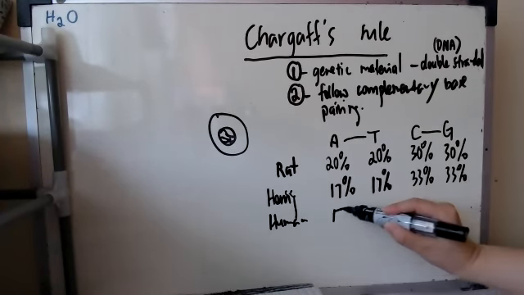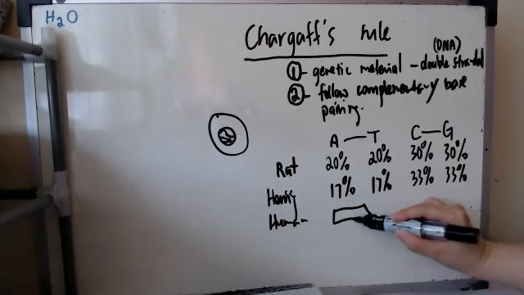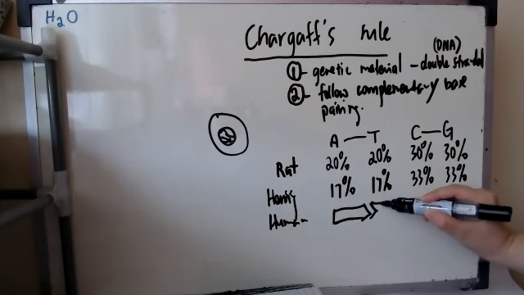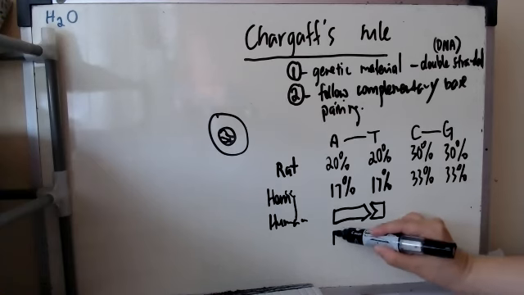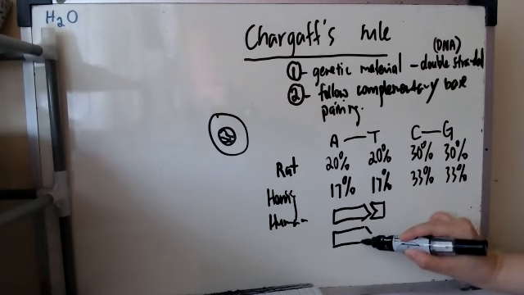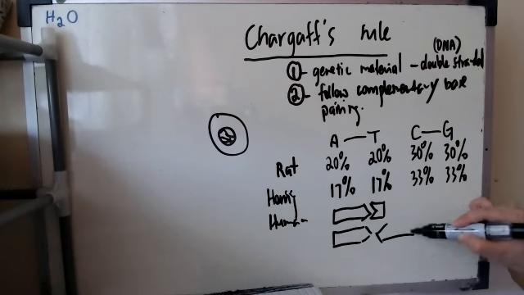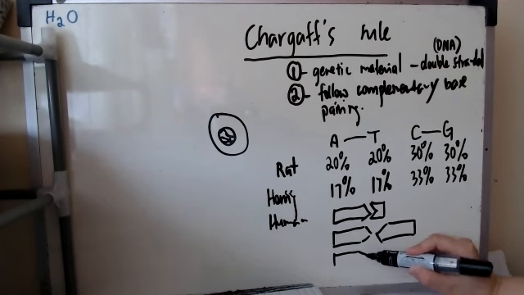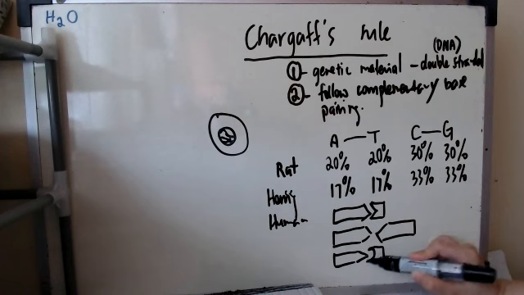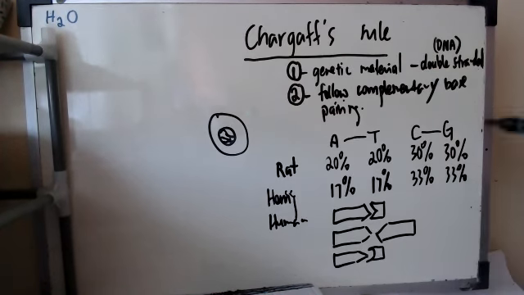A that looks like this can only pair up with T. A, which looks like this, cannot pair up with A. A also cannot pair up with C. Wrong shape. A also cannot pair up with G because it's too big. Okay? Happy? Yeah.